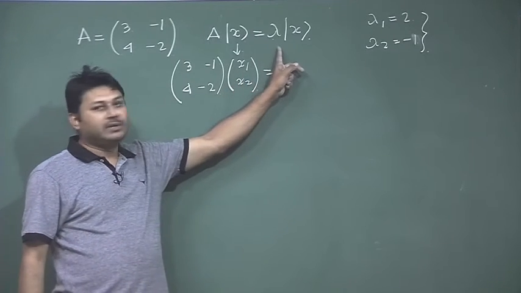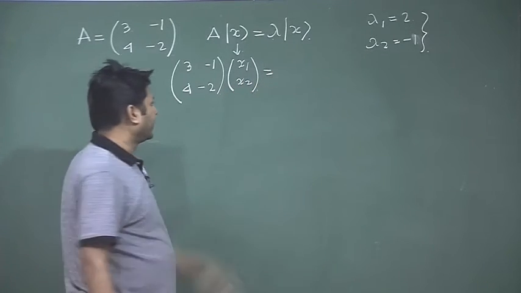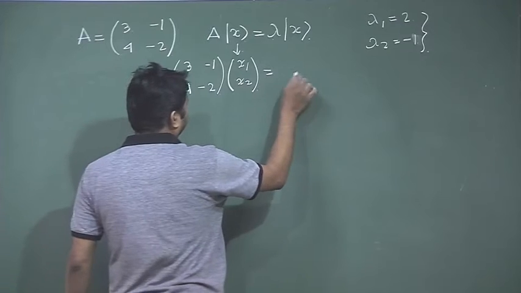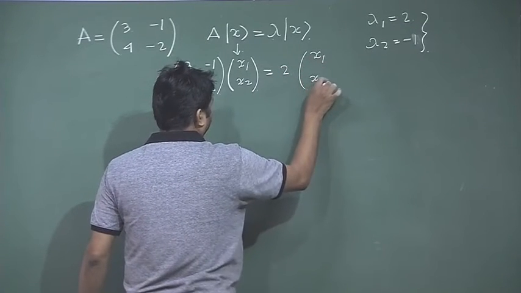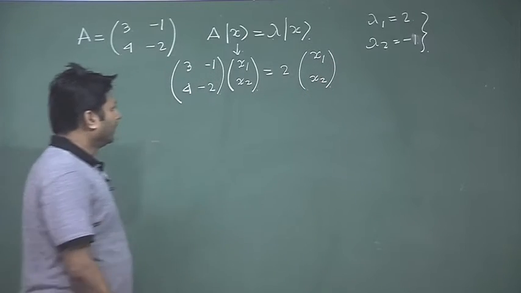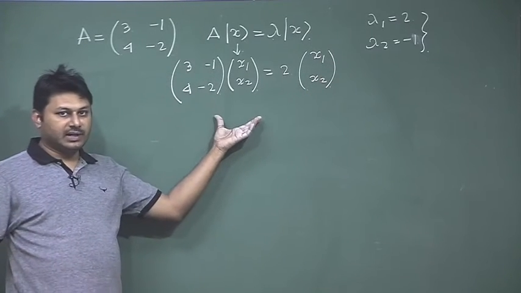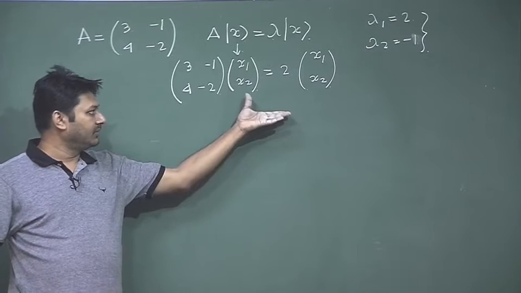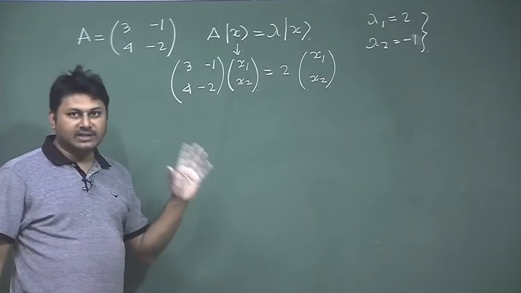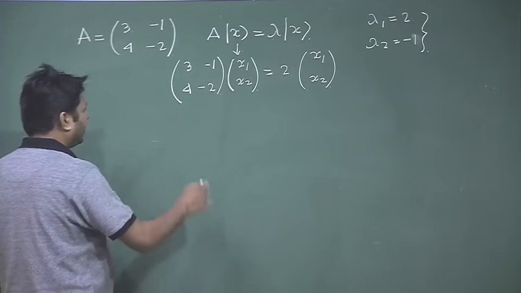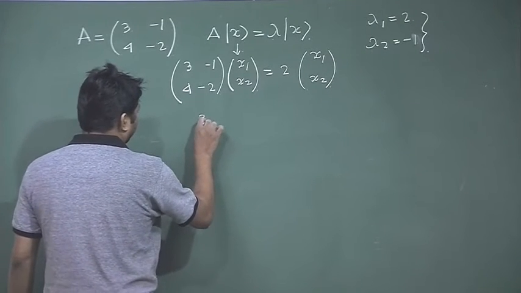Now for 2 lambdas I should get 2 different eigenvectors. So for lambda 2, x1 x2, I should have two equations, and if I solve these two equations, I will get the value of x1 and x2, but always you will get a relation. Why you are getting a relation, I will explain. So, let me first find it.